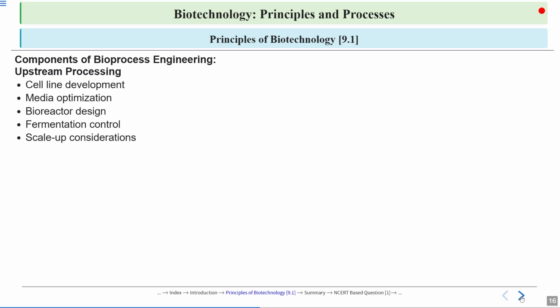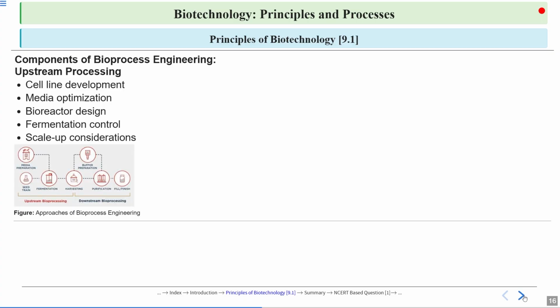We can't use just any aspect ratio; we have to be in a condition where we can use only a certain aspect ratio. We can scale up, taking into consideration that even when scaling up our product, it should not contain some contamination. This is again the same picture, which shows the approaches of bioprocess engineering.